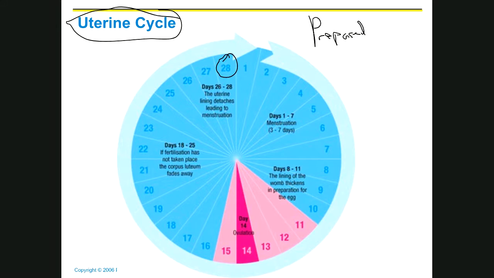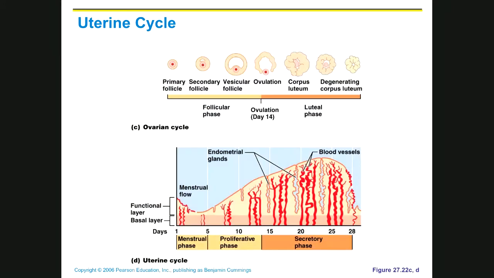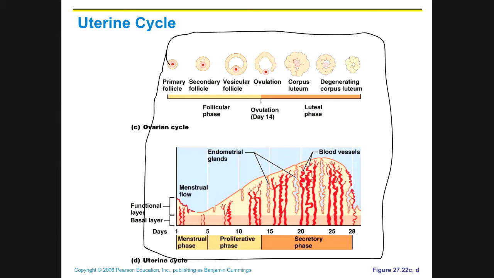So if we look at this uterine cycle, it has to match up with the ovarian cycle. Well, remember the hormones that control the ovarian cycle were GnRH, LH, and FSH. And remember, we're going to make hormones. Here's a hormone that's made, and it's estrogen. That's what the follicle makes. And estrogen causes this to happen.